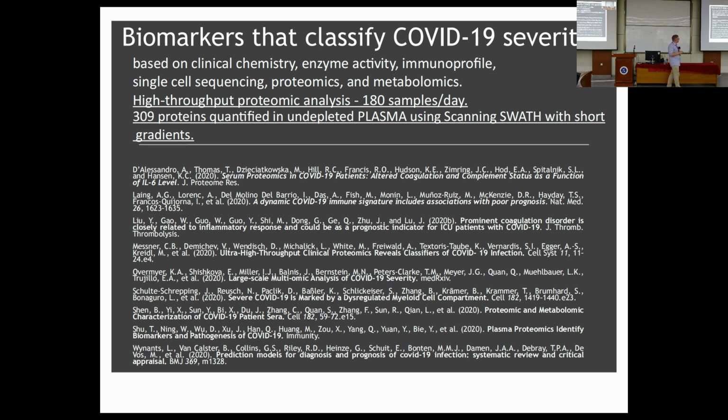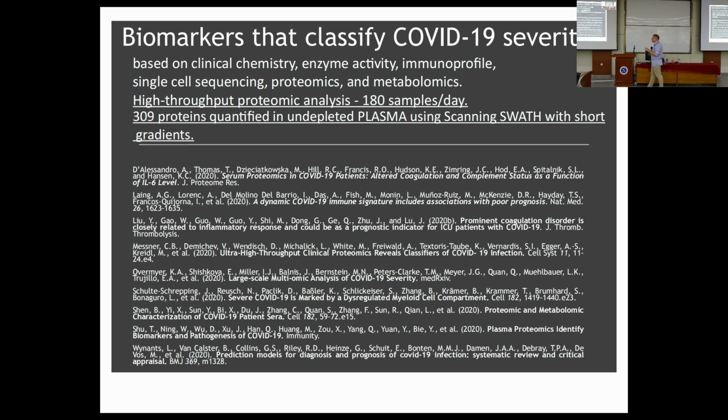What we have done is analyze the data from high throughput proteomic analysis. High throughput, because usually mass spectrometry is not high throughput, it's a huge piece of equipment and takes a lot of time. Here it was possible to measure 180 patients per day. So it's high throughput proteomics, and 309 proteins have been measured with this scanning SWATH technique.